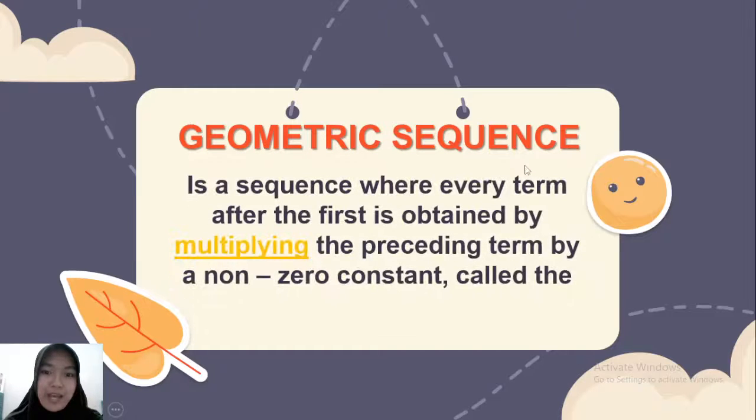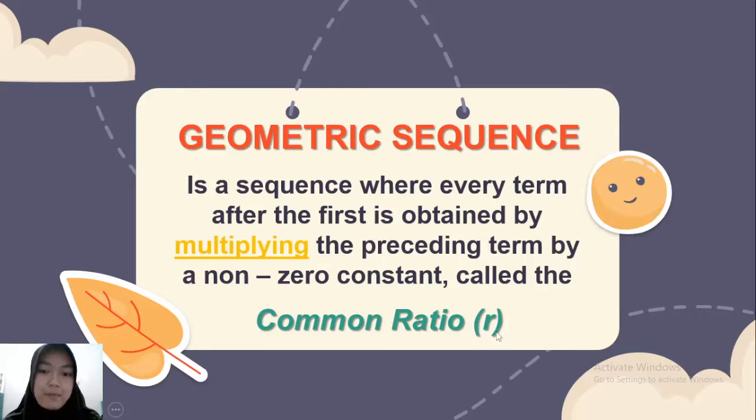A geometric sequence is a sequence where every term after the first is obtained by multiplying the preceding term by a non-zero constant, called the common ratio, represented by r. Remember the key term here, which is multiply.